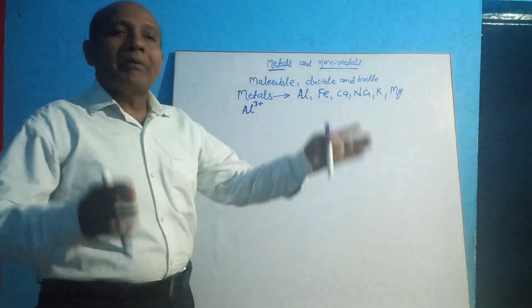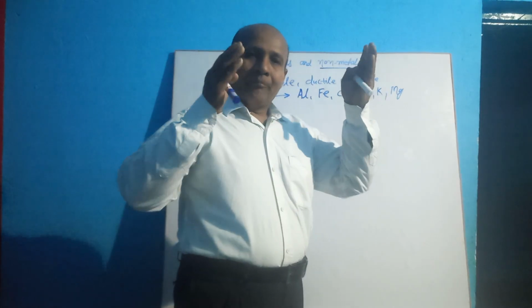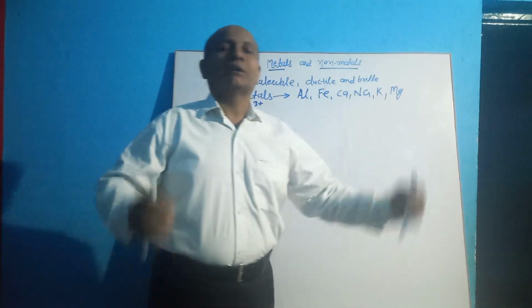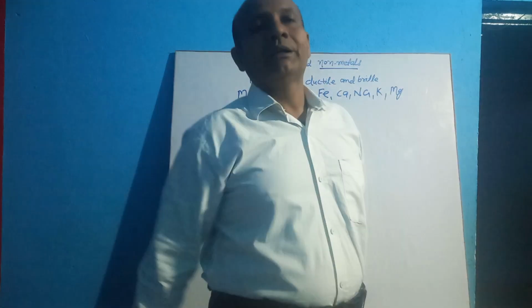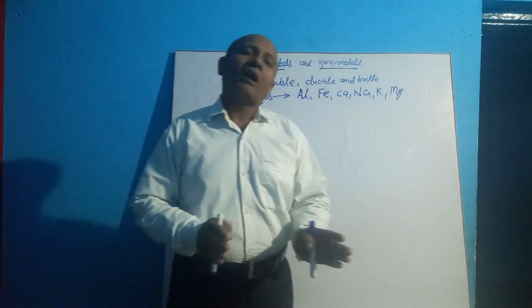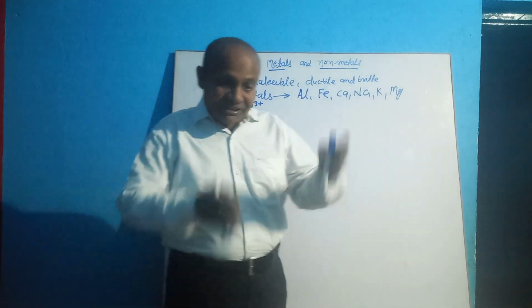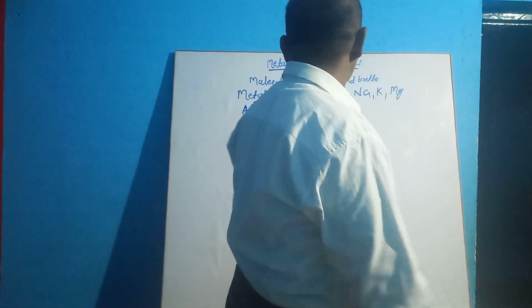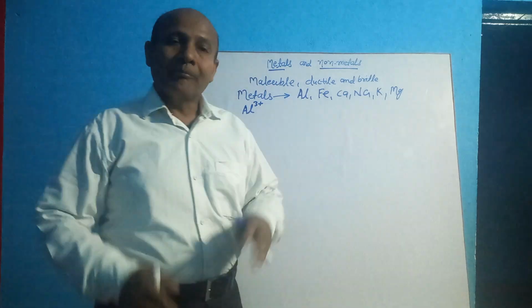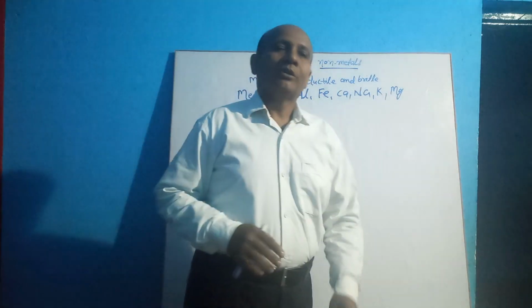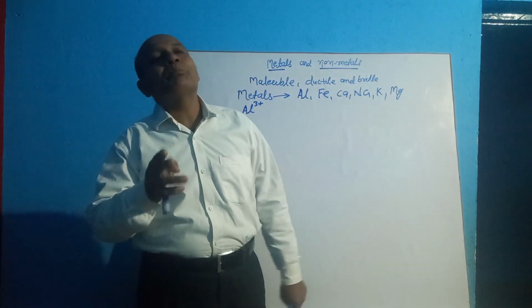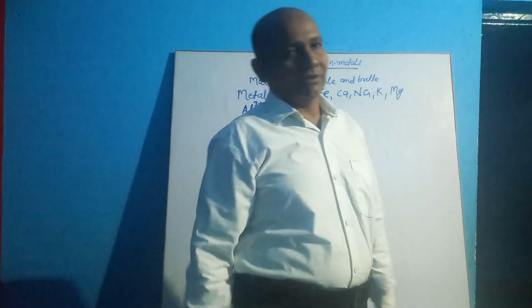The most abundant metal in the earth crust is aluminum, which constitutes 7% of the earth crust. The second most abundant metal in the earth crust is iron, which constitutes 4% of the earth crust.